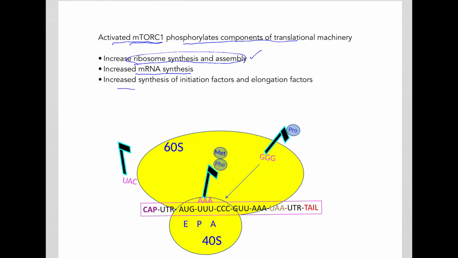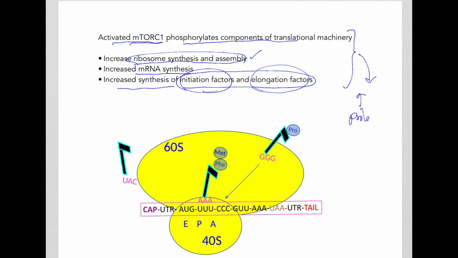And it also increases the synthesis of several factors that are very important in protein synthesis or translation, which we discussed in an earlier video. These factors include initiation factors as well as elongation factors. So all of these effects will lead to increased protein synthesis in the liver.